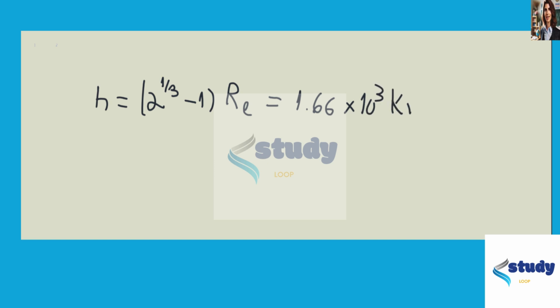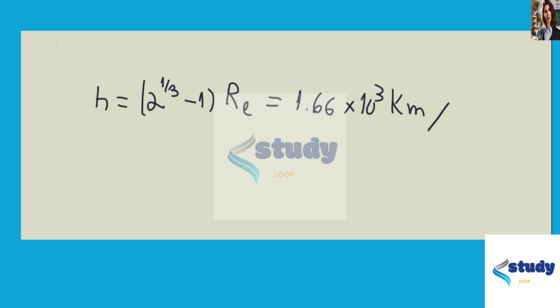So h is equal to 2 to the 1/3 minus 1, times RE. And this is 1.66 times 10 to the 3 kilometers.